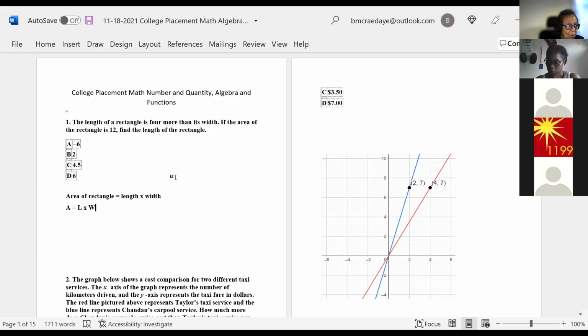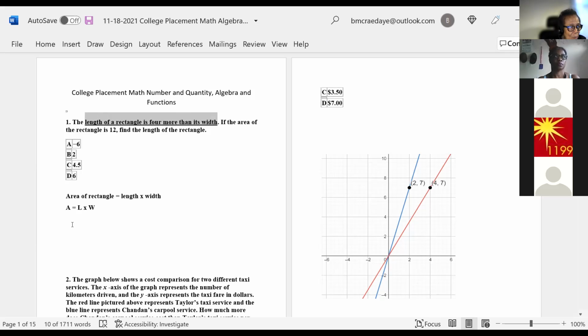Okay, now, who's the talking coming from? Okay, so let's underline: the length is 4 more than the width. Vanessa, how do I write that mathematically?